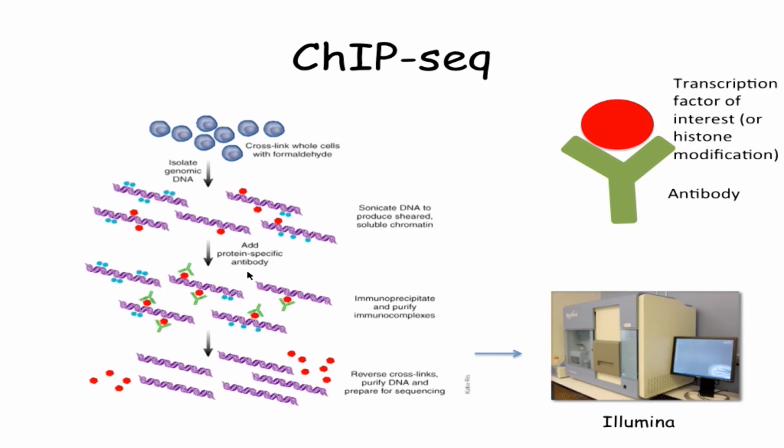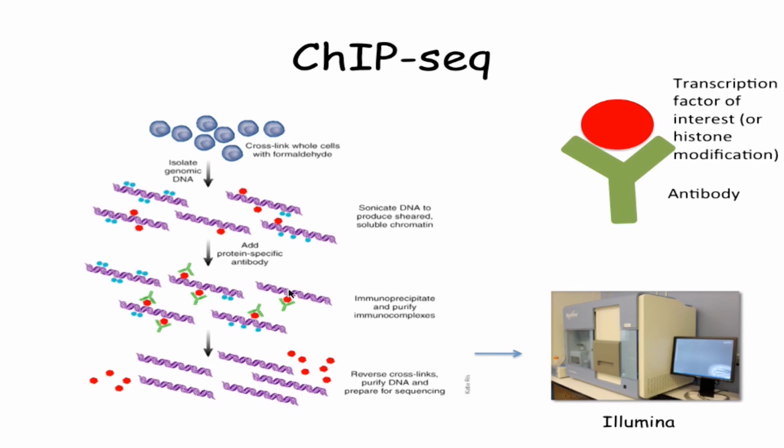So it's going to bind to the proteins like this. This is the antibody here. It binds to the proteins, right? And using different techniques, for example beads, you can pull down specifically the protein-DNA complexes using the antibodies. So it allows you to isolate, to purify the complexes between protein and DNA, right?